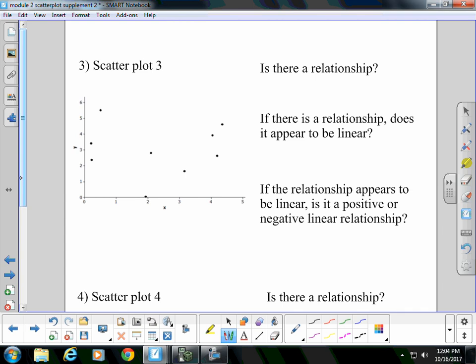Let's see, this one's a little hard to tell. Is there a relationship? No. So if there's not a relationship, we won't be able to answer this question, and we won't be able to answer this question.